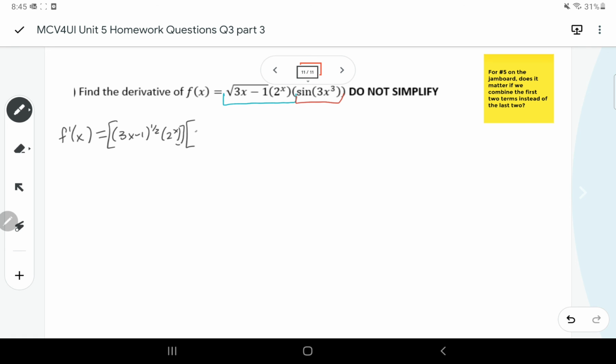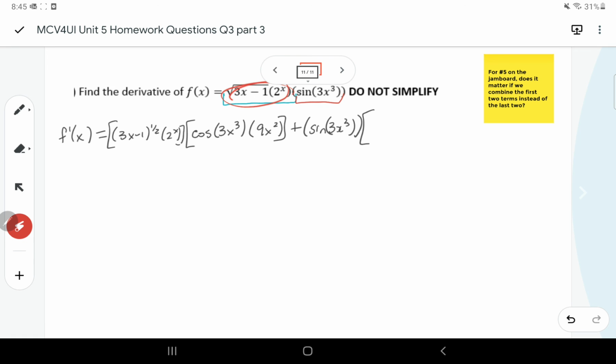And then that would be cos 3x cubed times 9x squared, plus, now it would be the second, sine 3x squared cubed, times the derivative of the first. Now you would do a product rule again, taking the derivative of those two.